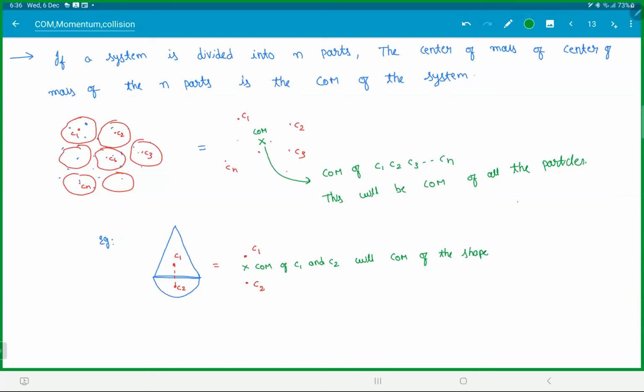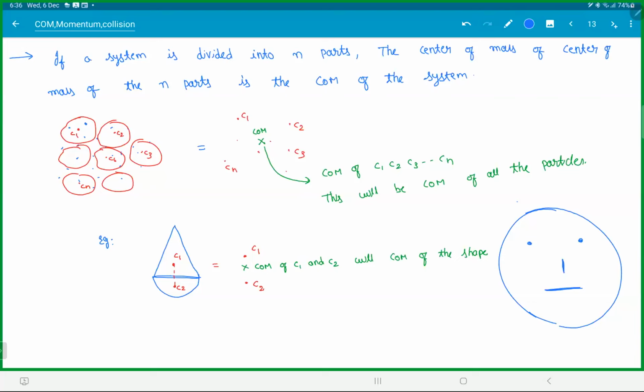Is this making sense? This is what the statement is saying. If I give you some random amoeba shape, I don't know what to do, but if I can divide it into shapes whose centers of mass I know, then the center of mass of those parts will be the center of mass of that random shape. You understood why the statement is so powerful? There was a question in JEE once: there's a circle, a particle, a vertical rod, and a horizontal rod, and they asked to find the center of mass.